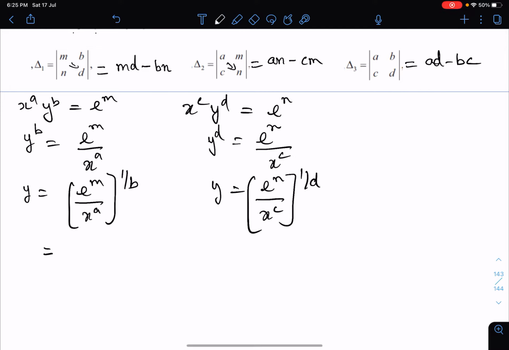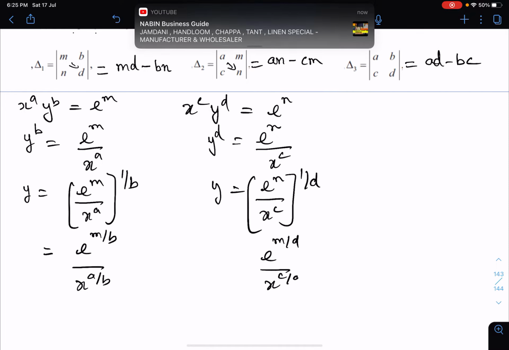So this is going to be e^(m/b) by x^(a/b), and similarly here e^(n/d) by x^(c/d). In both the expressions you have got y, so you can equate them both.